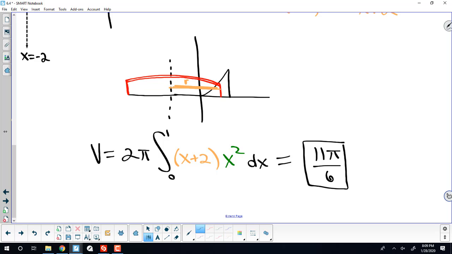After we look at different methods for integration, we could revisit some of these with more elaborate functions, where we are able to integrate inverse trig functions, or natural logarithms, something like that. So yeah, 11 pi over 6 is the answer. Is everybody okay with this? Questions?